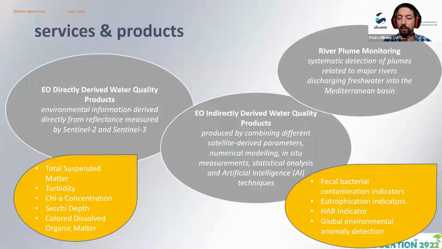So fecal bacteria contamination indicator, eutrophication indicators, harmful algal bloom indicator, and a global and environmental anomaly detection based on machine learning and looking at a longer time series. And finally, we also want to do the river plume monitoring. So the idea is that we trace the river plume all around the Mediterranean coastal waters.